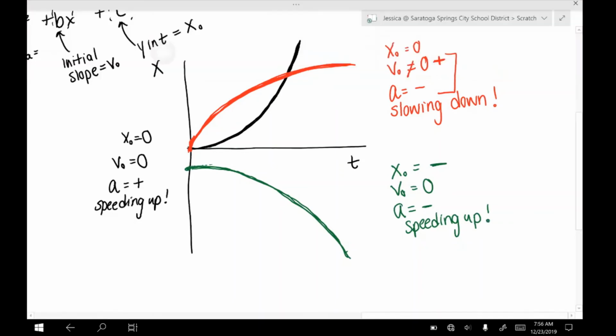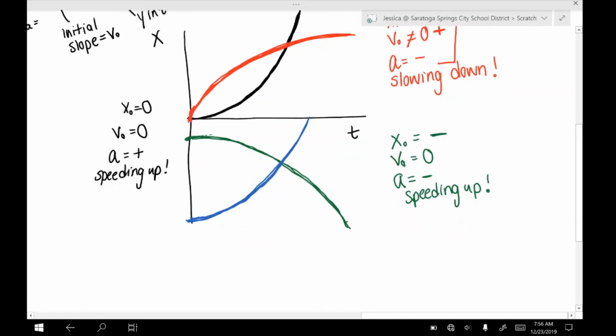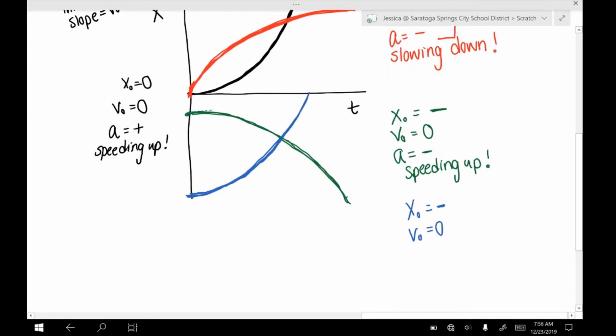And the last graph we can take a look at is one that looks like this. For this blue graph, we have an initial position that is negative. My initial velocity is 0. I have an acceleration that is positive because that's a happy face.